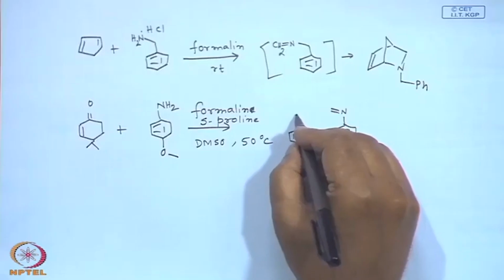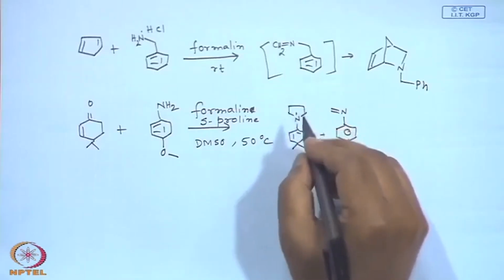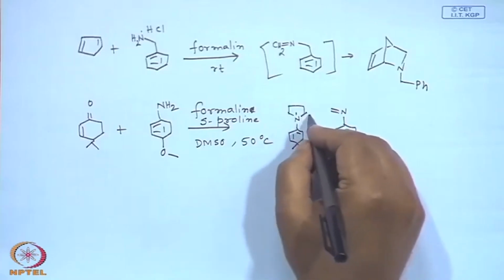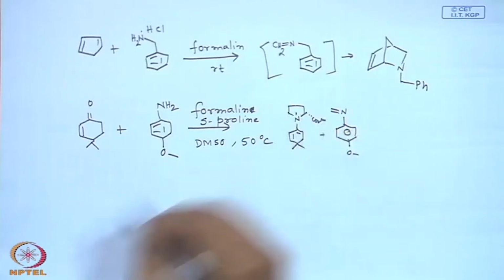So, this proline will form the enamine, that means, the other portion would be, in this case, this one. Sorry, yes. So, this one would be this enamine.